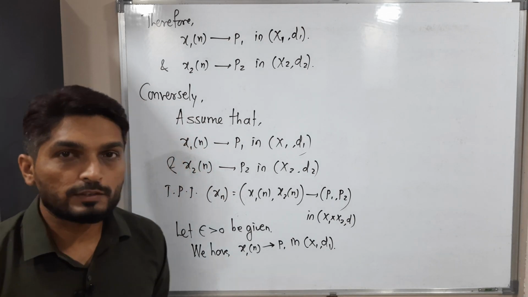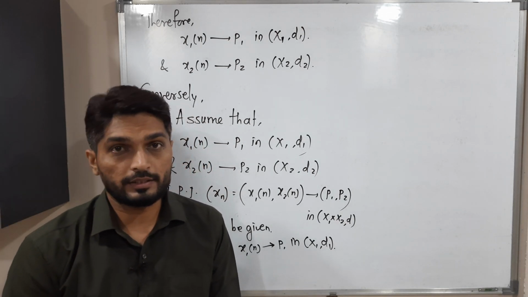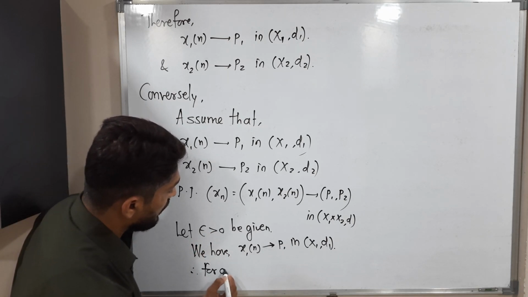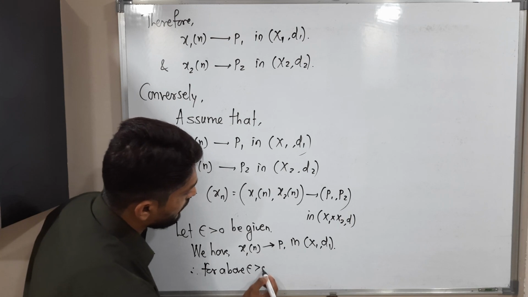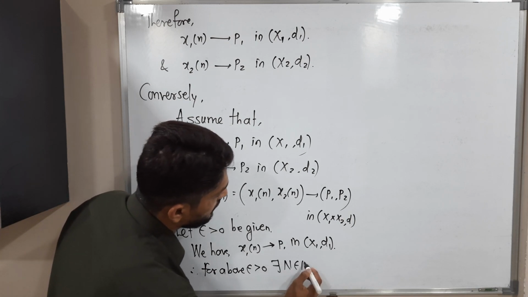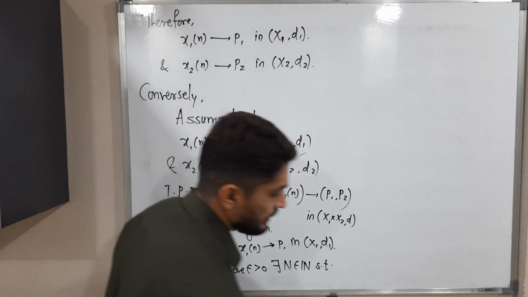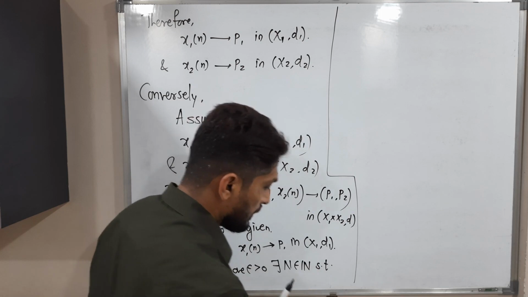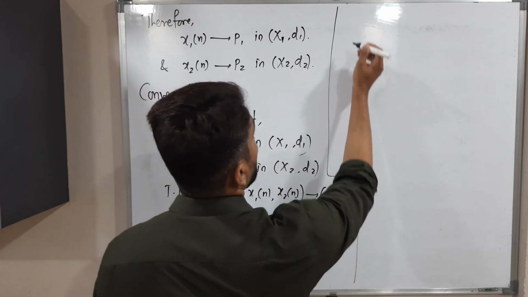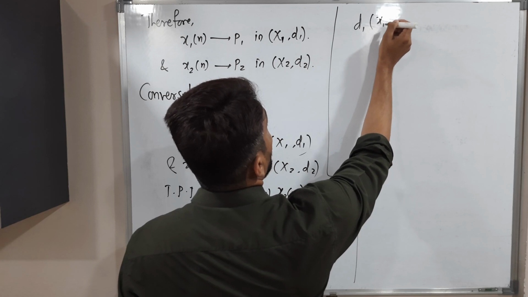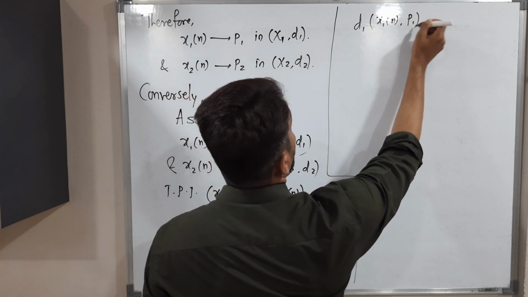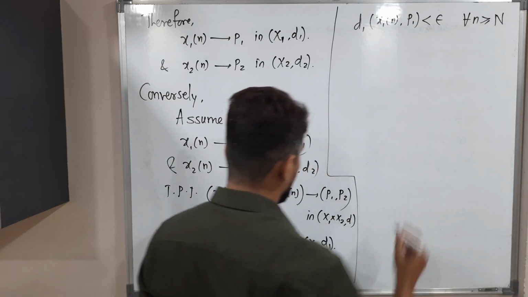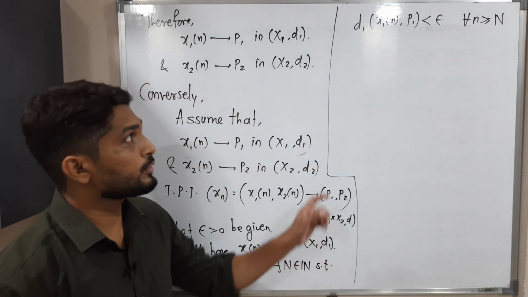By the definition of a convergent sequence, for the given epsilon greater than 0, there exists a natural number N such that d1 x1n comma p1 is less than epsilon for all n greater than or equal to capital N. Here we have a metric d1, that's why I have written d1.